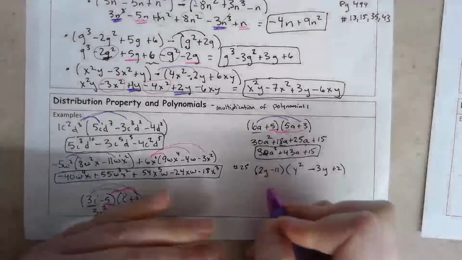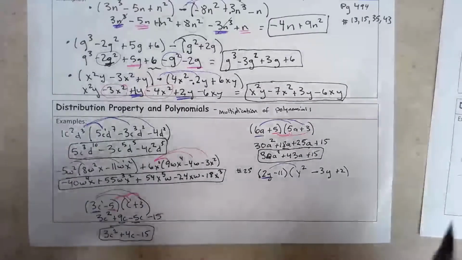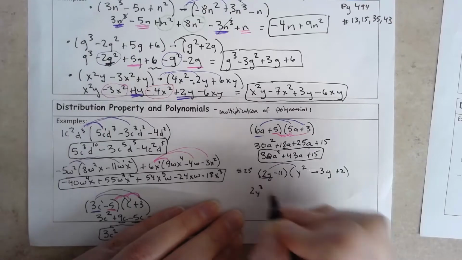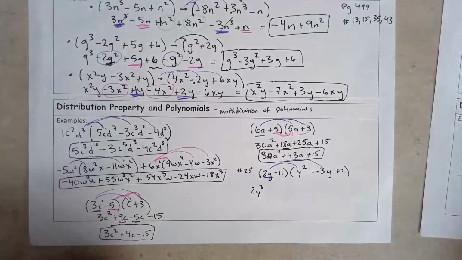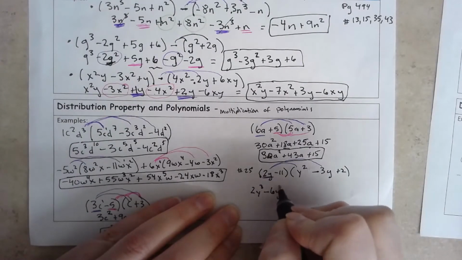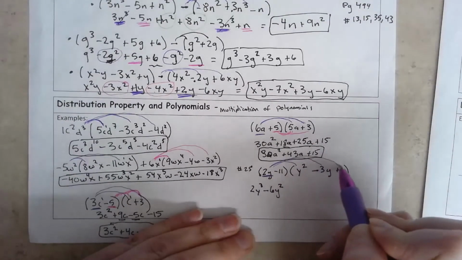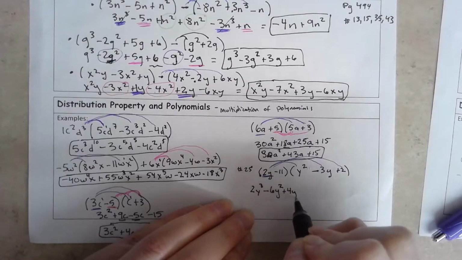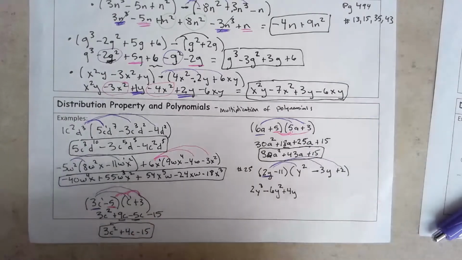So I'm going to start with my first term, 2y. And 2y is going to get multiplied by y squared, so that'd be 2y cubed. Then that 2y is going to get multiplied by the negative 3y, so that's negative 6y squared. Then that 2y is going to get multiplied by the positive 2, so plus 4y. So this first term got multiplied by all three terms.